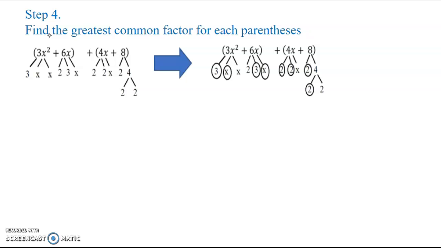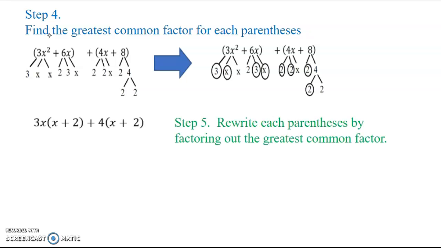For the second one, 4x plus 8, what is the greatest common factor between those? Since 4x is 2 times 2 times x and 8 is 2 times 2 times 2, I know that I can take out 4. 2 times 2, which is 4, is common to both. So the 3x comes to the front here. 3x times what is x squared? What's left is just x here. And for the second term, 6x, 3x times what is 6x? 3x times 2.